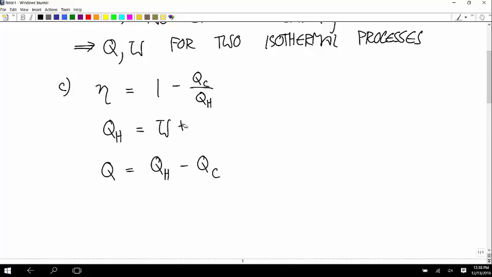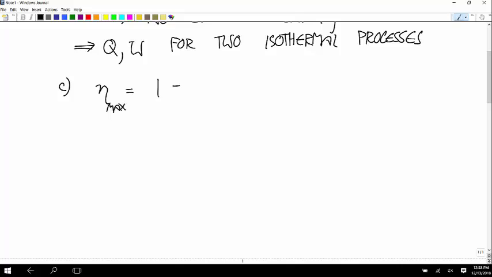So this maximum efficiency is 1 minus the cold temperature over the hot temperature. So that's 1 minus the cold temperature, 350, over the hot temperature, 1400, and that's the answer.